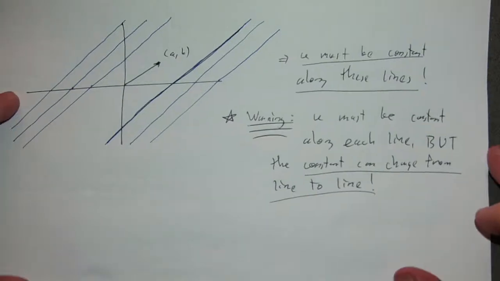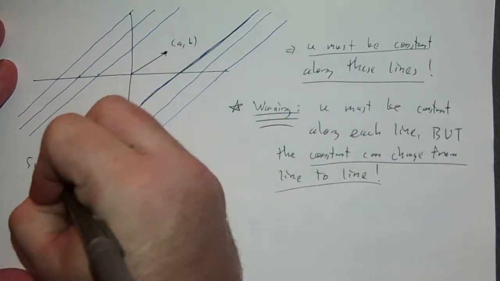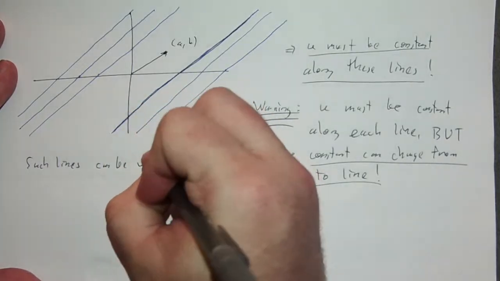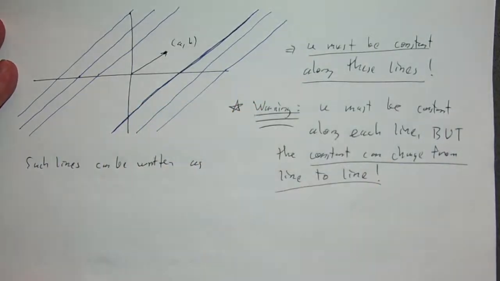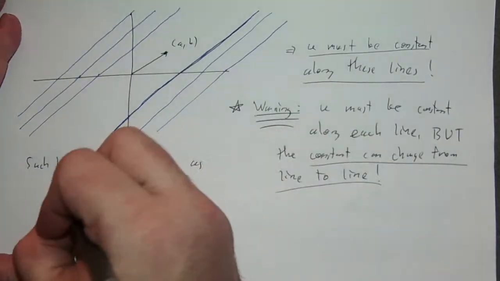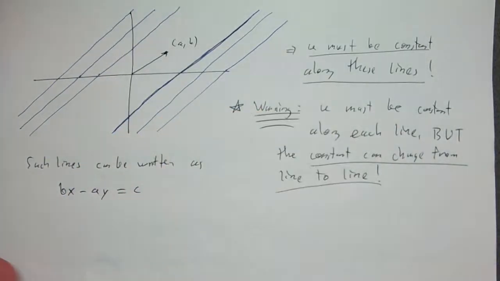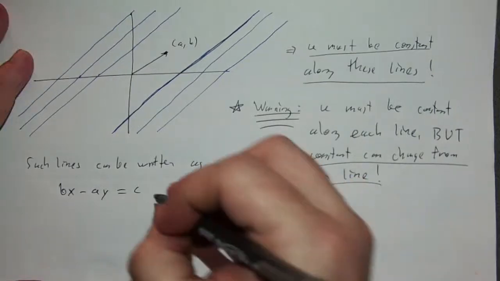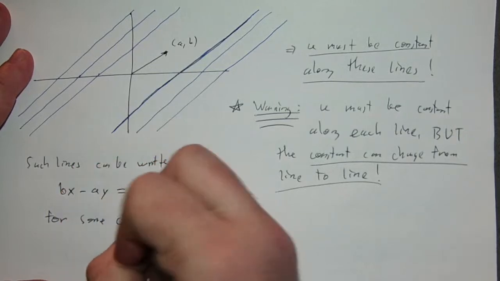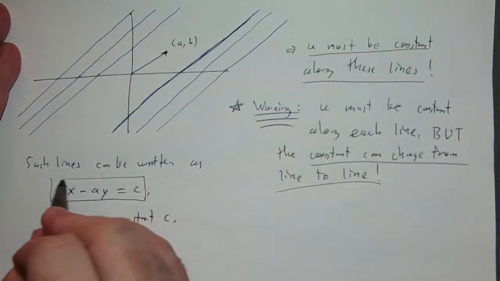so here is the thing then. First of all, such lines can be written as bx minus ay is equal to c, for some constant c, where the choice of c denotes our choice of constant.